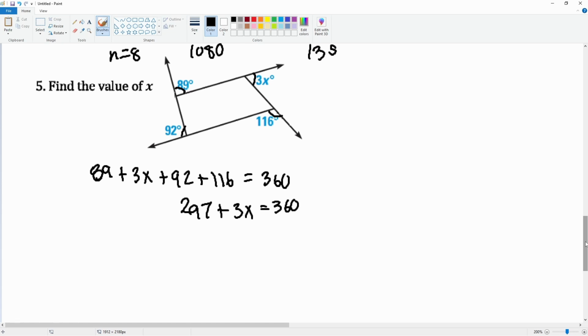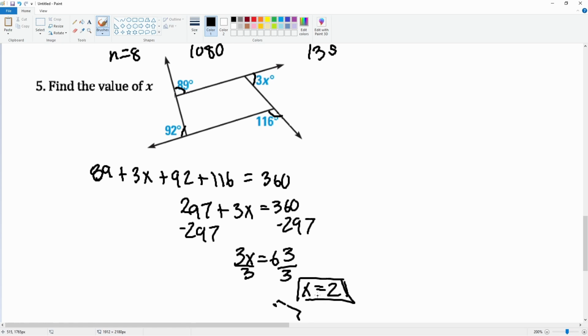You're going to subtract 297 from both sides. So that is 360 minus 297, which gets you 63. 3x is equal to 63. Divide by 3. X is equal to 21. Right, there you go.